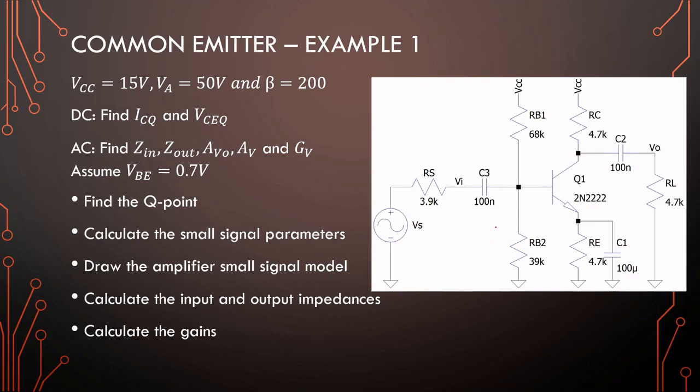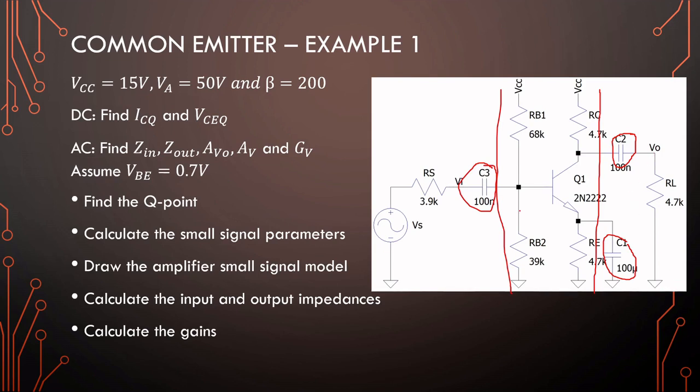Alright, next up, if we were to calculate the DC Q point, this capacitor will become an open circuit, this capacitor will become an open circuit, this capacitor will become an open circuit, and if you look in between here, you are seeing a normal voltage divider bias.